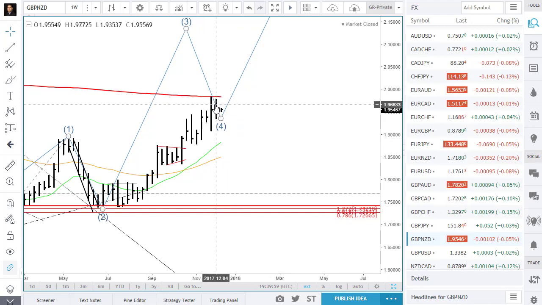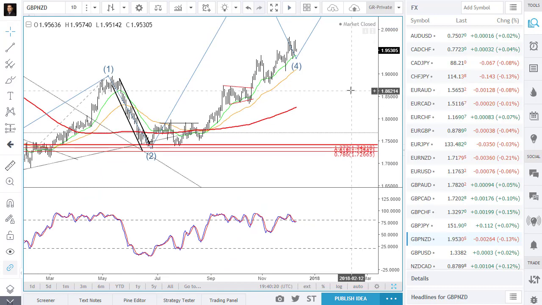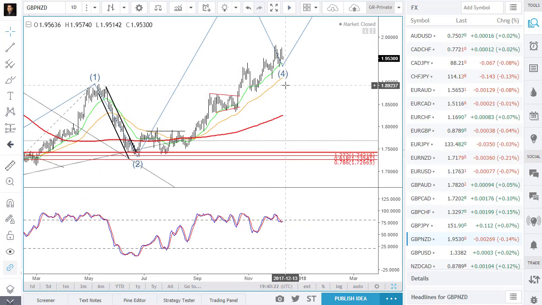One of the things that I'm noticing on the other pound pairs is that you're kind of rolling over on those pairs as well. So again, be alert here. Pound New Zealand looks like it might be setting up. The daily chart still is in a very bullish stance, so I'm just kind of being cautious there.